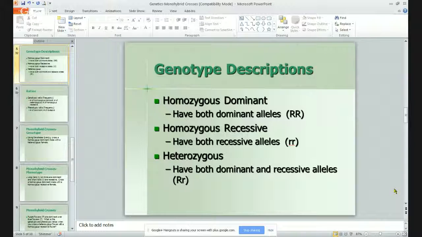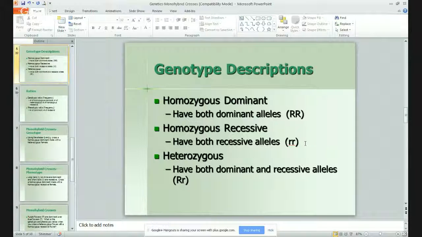If you're homozygous dominant, you have the same dominant alleles. So I wrote that as capital R, capital R. You can also be homozygous recessive. Homozygous means the same, recessive meaning the lowercase letters or the recessive trait. So you would have both recessive alleles, or in this case, two lowercase r's.